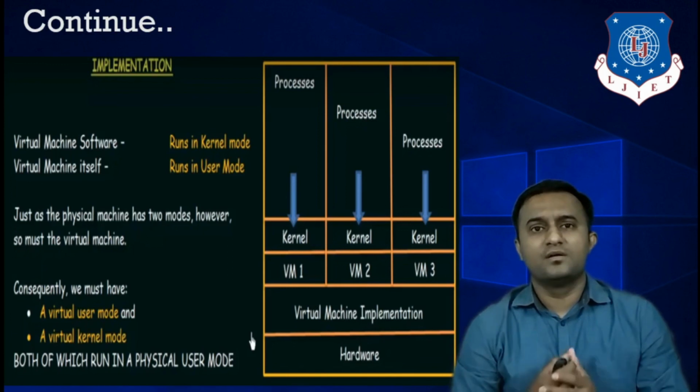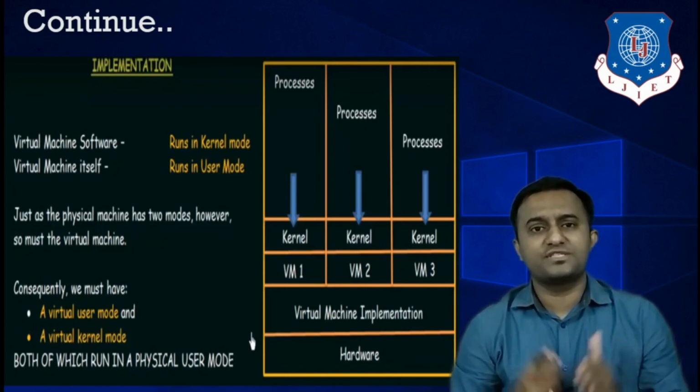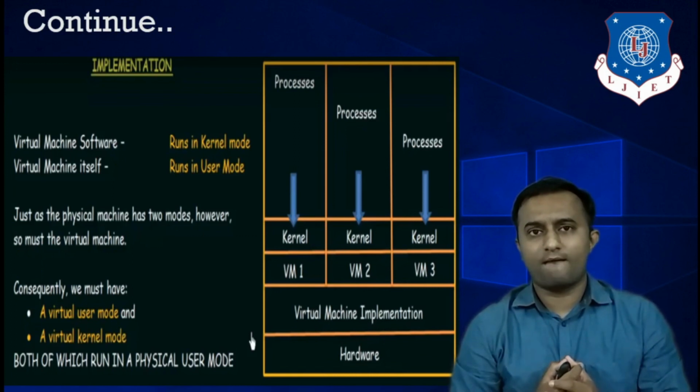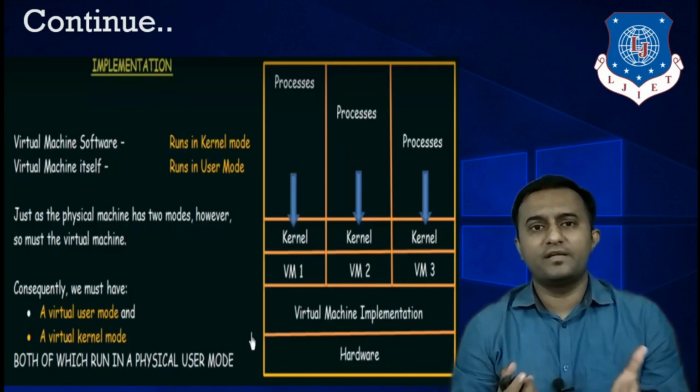Definitely it is a cost-effective approach as compared to a dual operating system. That is one advantage of the virtual machine strategy. The second one is that these virtual machines are independent in nature.